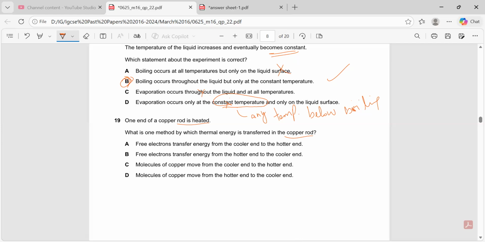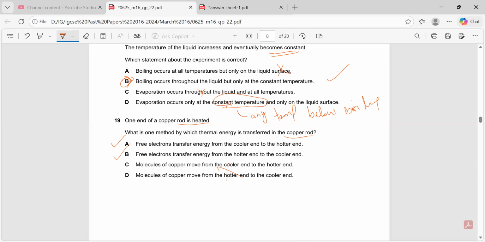Okay. Now, my dear, what is one method by which thermal energy is transferred? They said one method. If they had said just thermal energy, then we would say free electrons carrying energy from the hot end to the cold end through the vibrating ions. Now, they said one method. Either we will see vibrations or we will see electrons. Now, molecules of the copper are not moving.